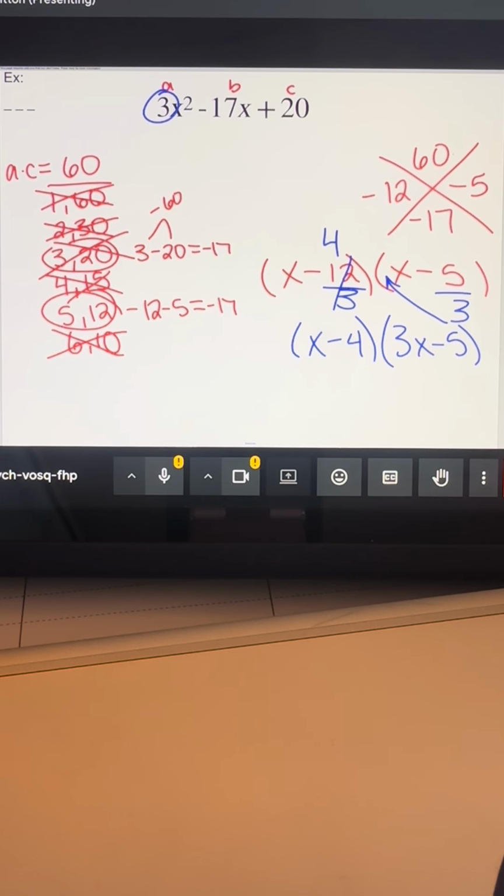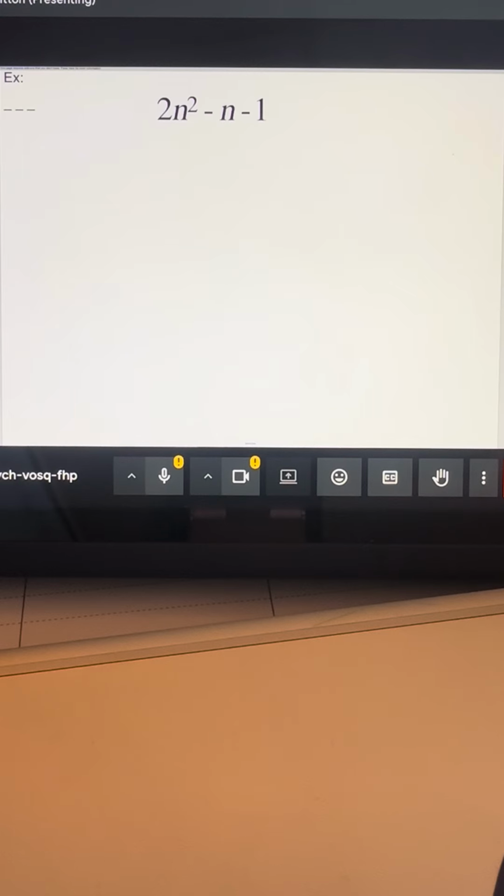Anybody brave enough to tell me? Yeah. n plus 2 and then n minus 1.